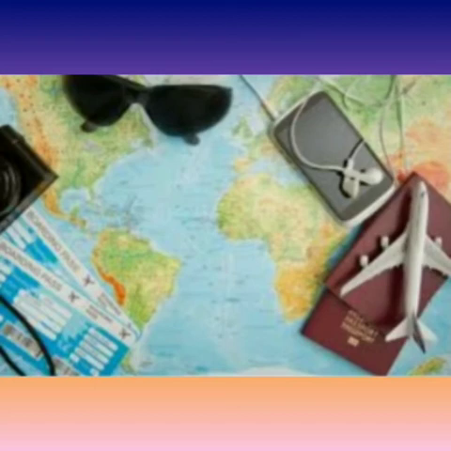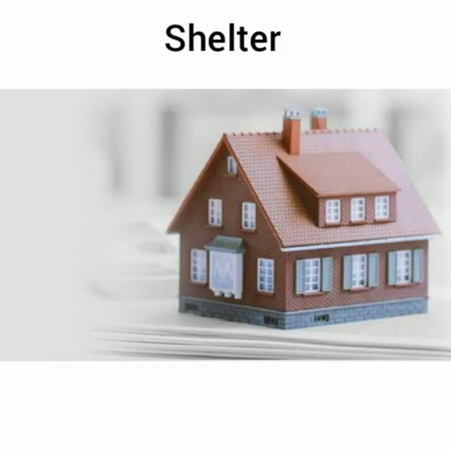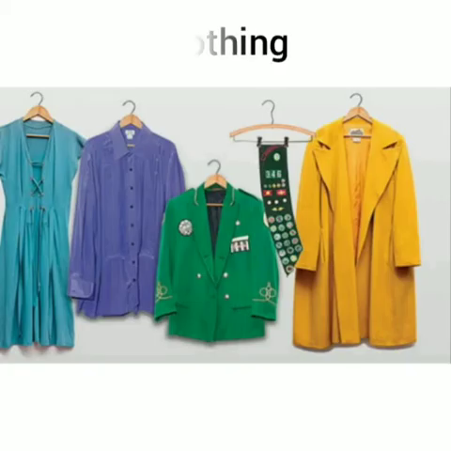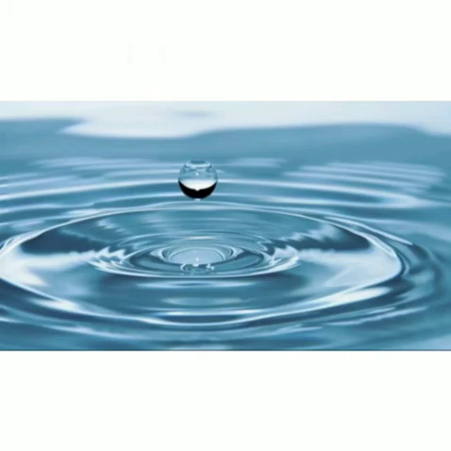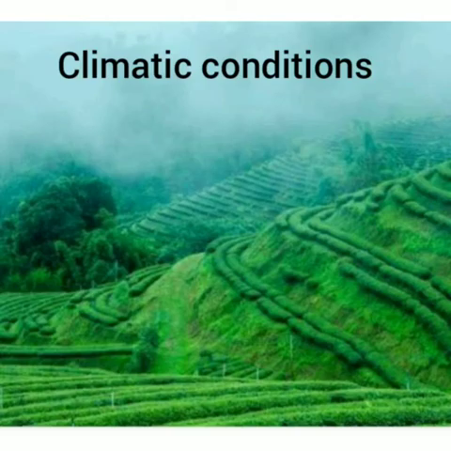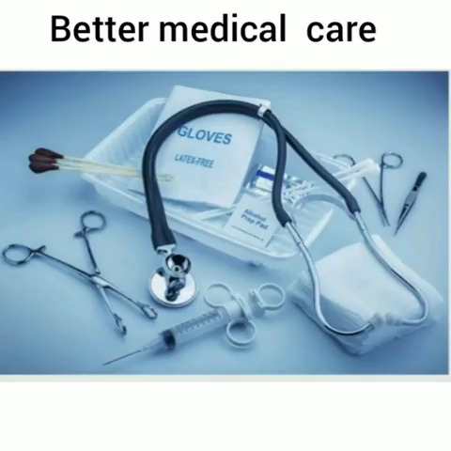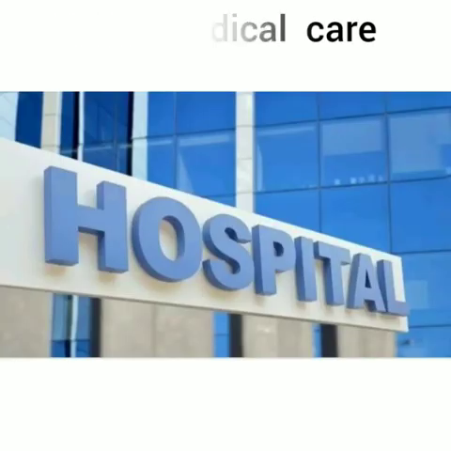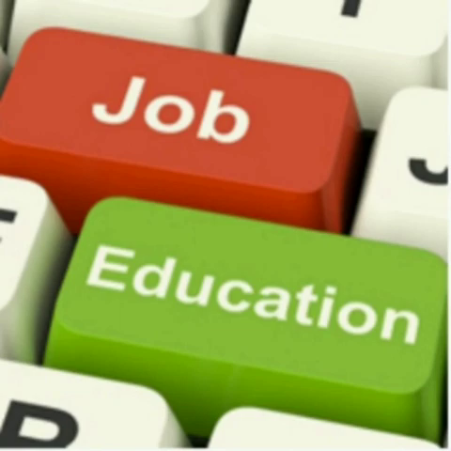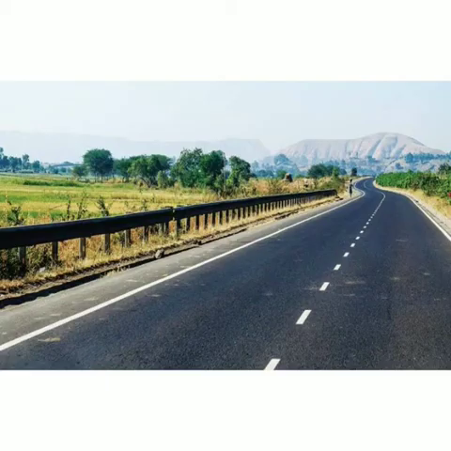Some of the major pull factors are better living conditions, that is, better access to shelter, food, clothing, and clean water, better geographical and climatic conditions, better medical care, better opportunities of education and employment, better infrastructure.